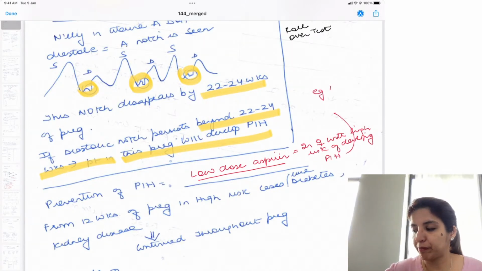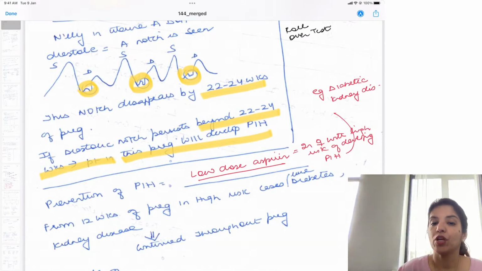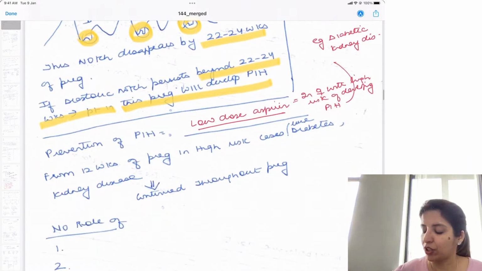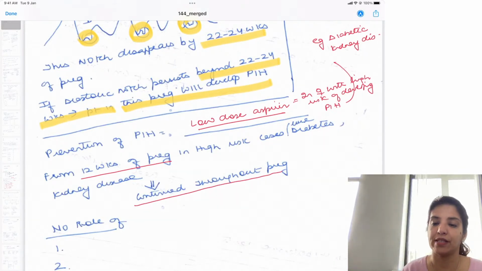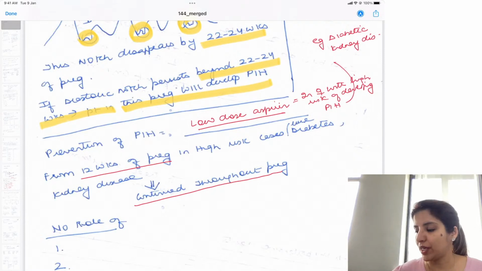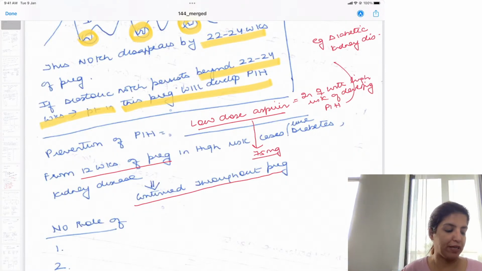Example, diabetic patient, kidney disease patient, right? So in all those females who have high risk of developing PIH, we give them low dose aspirin. And this has to be started from 12 weeks of pregnancy and it has to be continued throughout pregnancy. Right? What dose will we give? 75 milligrams. 75 milligrams daily.